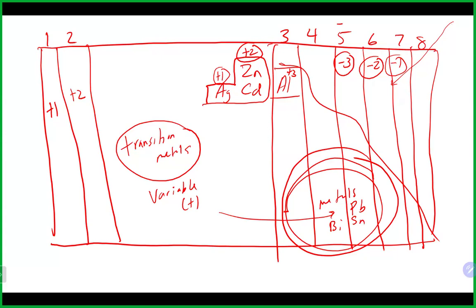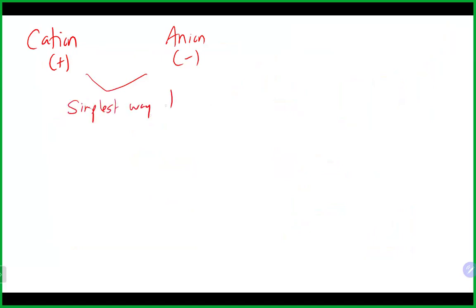Now, another very important thing that I think we touched upon at the end of chapter 4 last time, but it's been a little bit. So just to remind everybody, when we put together anything that is positive and anything that is negative to make an ionic compound, the goal is when you put together your cation, which is positive, and your anion, which is negative, these guys need to be put together in the simplest way possible to get an overall charge of 0.